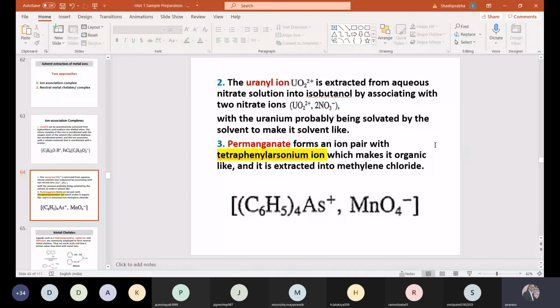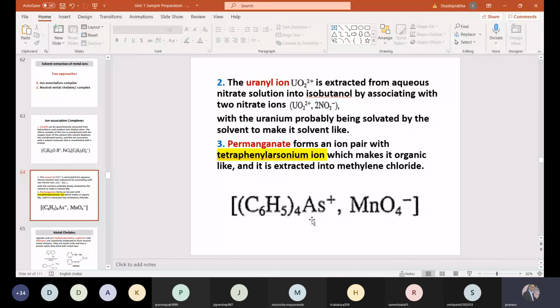Now, when this is added to KMnO4 solution, it interacts with the permanganate ion, which is negatively charged, and this is positively charged.